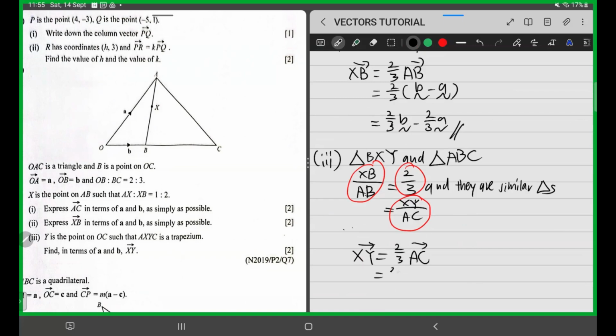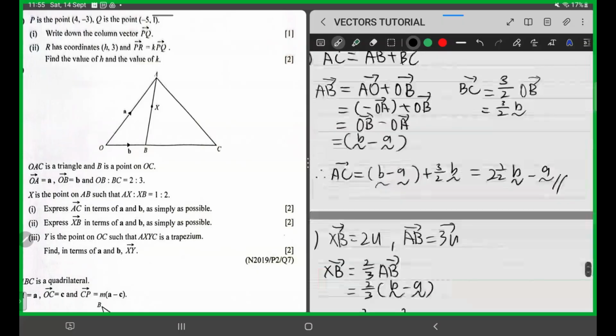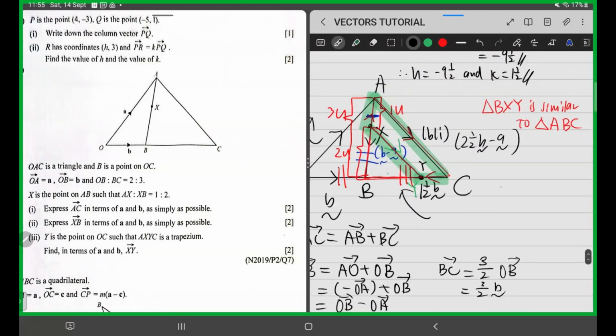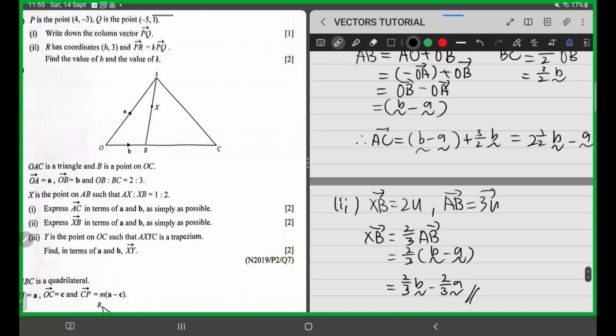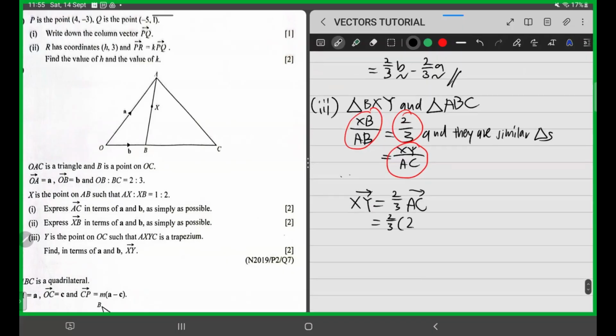And we know that your AC is what we have found earlier on. AC is 2.5B minus A. So bracket 2.5B minus A. So this gives us 2.5 times 2/3. We get 1/2 B minus 2/3 A. And then that's your answer over there.